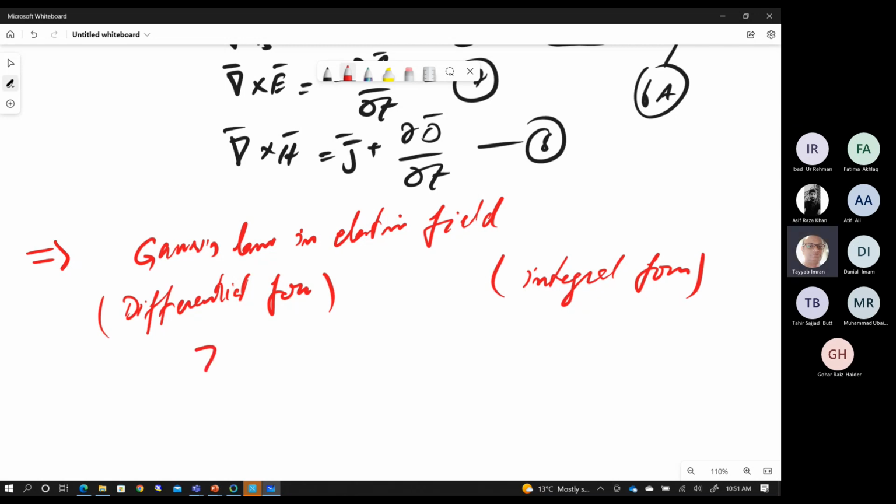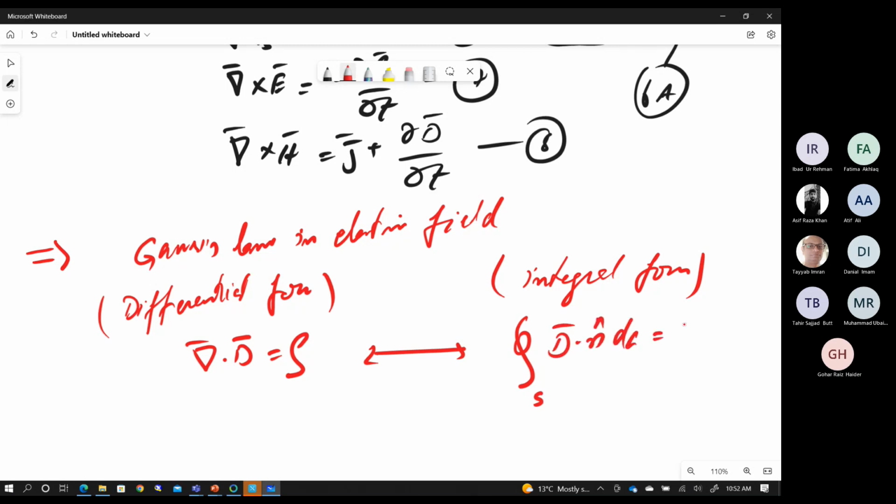This one is equal to rho. Now its differential form is this. Gauss's law in electric field, and we just learned these integral equations which we already studied, and we converted them into the differential form.